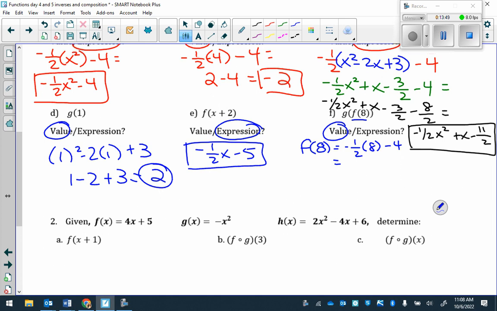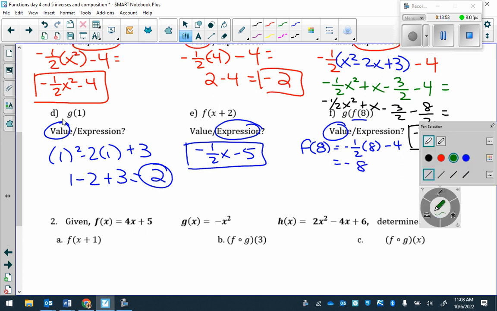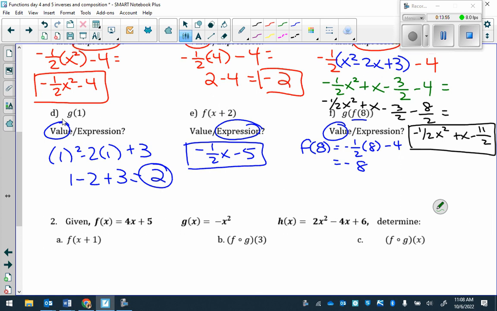Yeah. Negative 8. Good. So then we take negative 8 and substitute it into the G function. So G of negative 8. And this will be your final answer. G of negative 8. Negative 8 squared minus 2 times negative 8 plus 3.